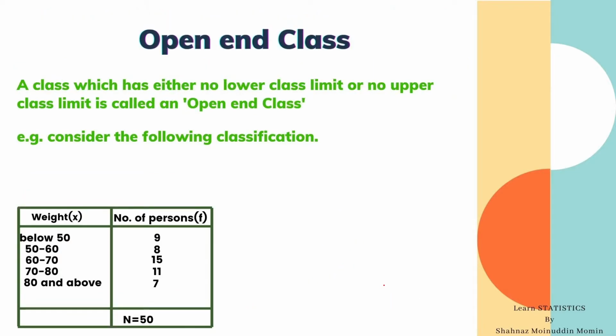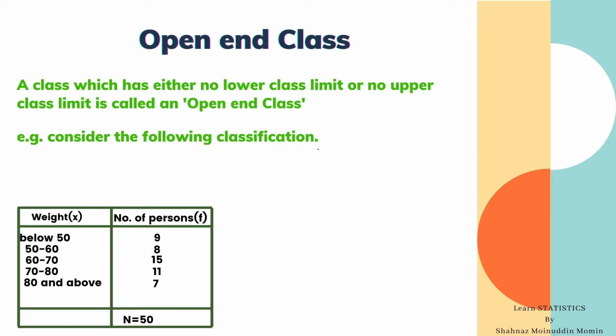Next one is open-end classes. A class which has either no lower limit or no upper limit is called an open-end class. Means in this case either lower limit is not given or upper limit is not given.